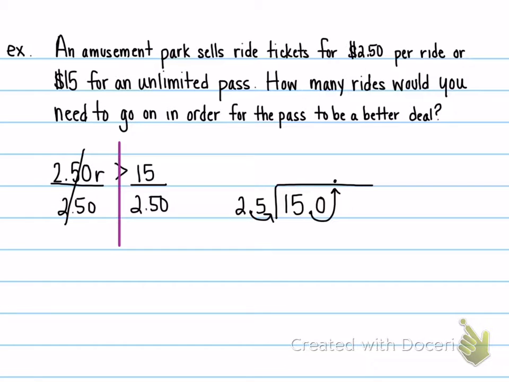So I'm really doing 25 into 150. 25 goes into 150 7 times. So that is 150. I'm sorry, it's not 7. I caught my mistake. 6 times. 6 times 25 is 150.